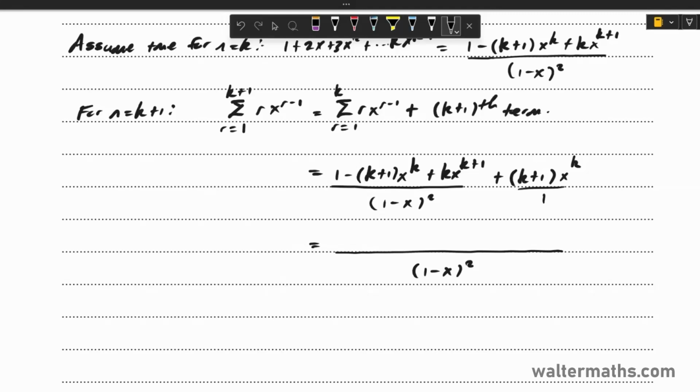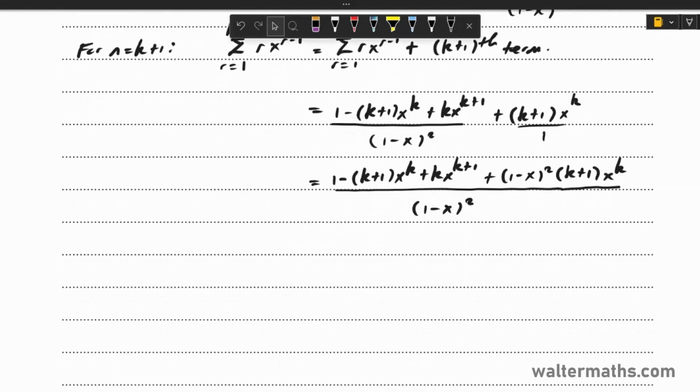So 1 multiplies the left side, which is 1 minus (k plus 1) of x to the k plus kx to the k plus 1, plus the product of these two, which is 1 minus x squared of (k plus 1) of x to the k. So this is what we have when we combine the two.